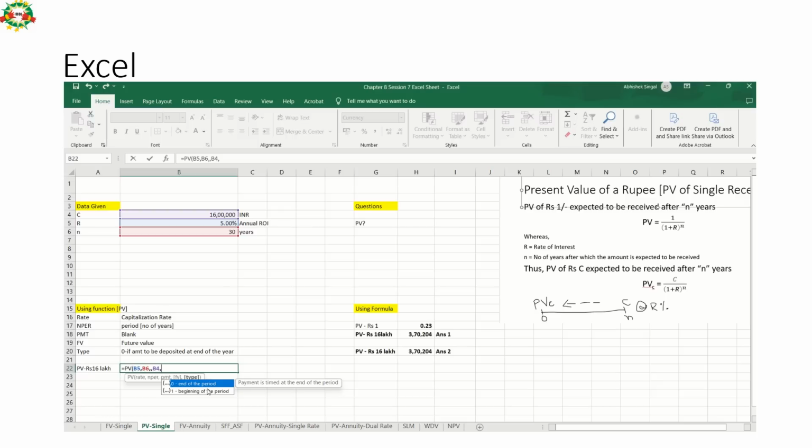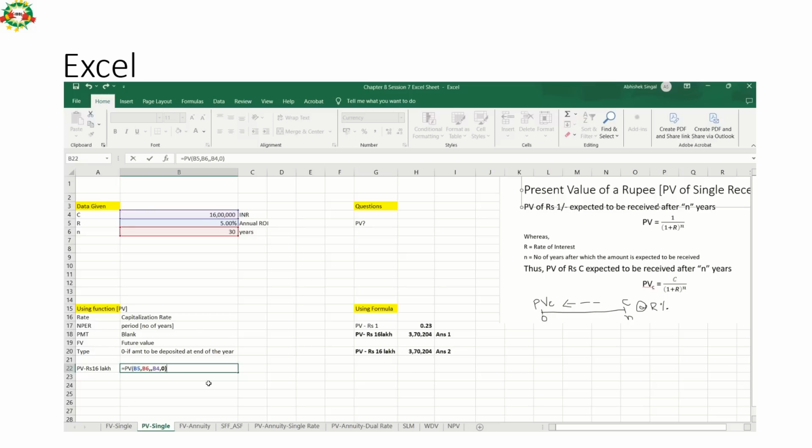If the examiner is silent whether you will get this money at the beginning or end of the year, then you have to assume this money will be received at the end of the year. That's why we always consider 0, until and unless it is specifically said that the money will be received at the beginning of the year, which is a rare thing in the exam.